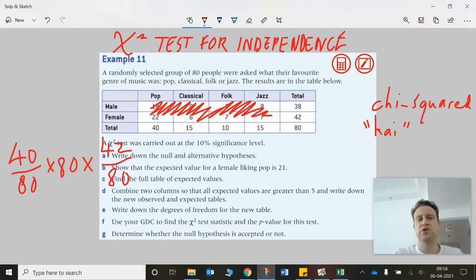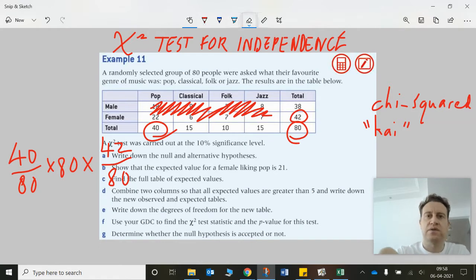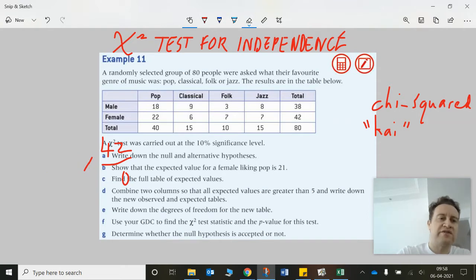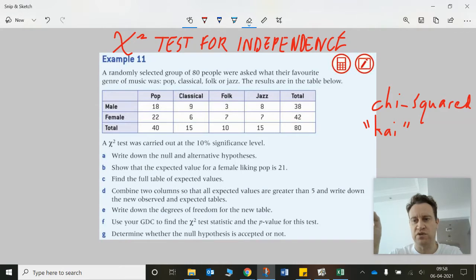You can write that in whatever way you like, but it's essentially the fraction who like pop music times the fraction who are female, because that's what they're asking for, and then times by 80, the total. Obviously, you can do that for every single one, but it's going to take some time. There are 8 different expectations which you could find there. Some of them are going to be whole numbers, and some of them are going to be decimal numbers.